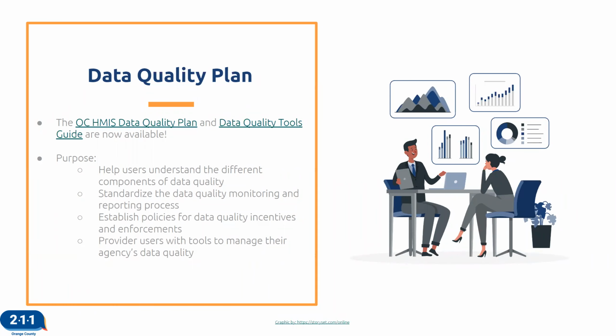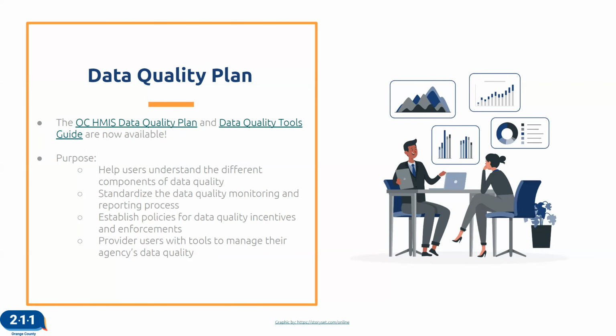The purpose of these guides is to help the users understand the different components of data quality, as well as establish a standard monitoring and reporting process for data quality, establish policies for incentives and enforcements, and then provide the users with tools to manage their agency's data quality.